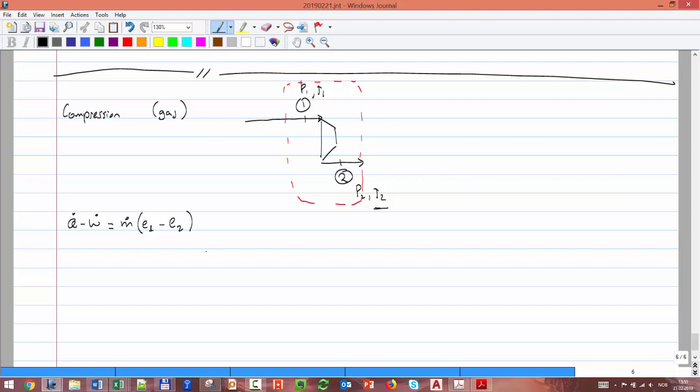Okay, and that energy, how do we express it? So I have kinetic energy, then I have elevation, then I have, what else do I have? I have this H, enthalpy.